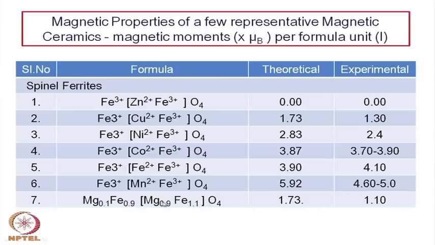So, this kind of isostructural substitution, and looking at the structure itself, one can predict how much magnetic moment one can expect and what the saturation magnetization will be. For all ferrites, the structure is important, and this kind of simple consideration gives you the magnetic moment of the overall material.